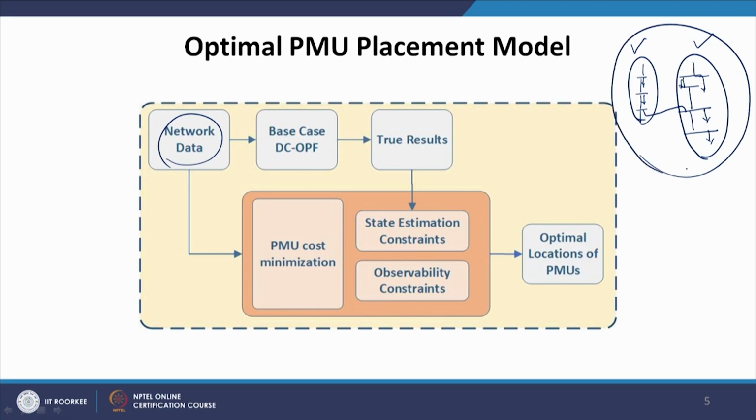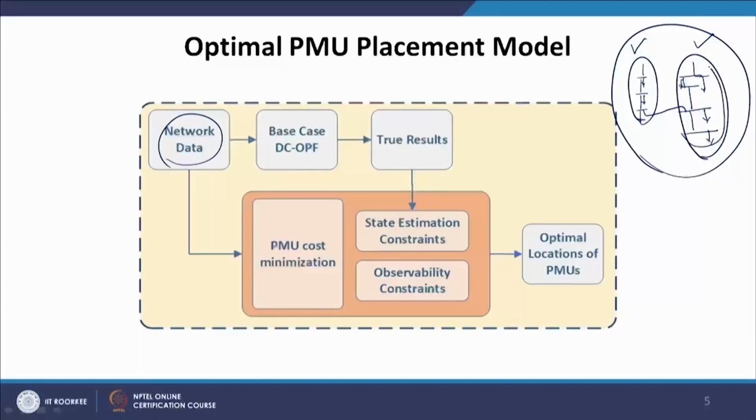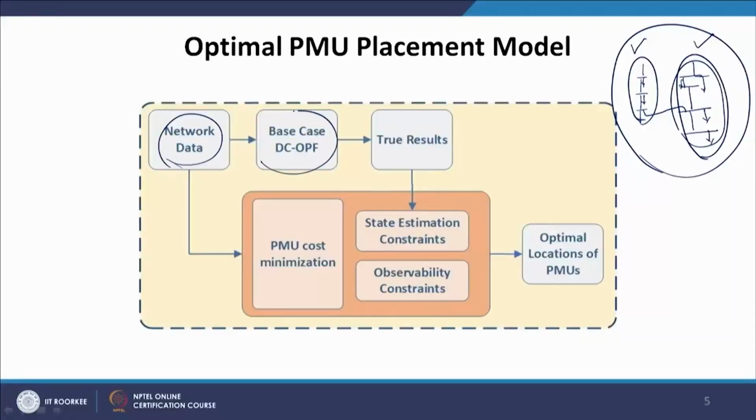So, we need to identify how the networks are connected and the amount of energy flow needed from one system to another, similar to a transmission network as well as within the system. And once you have the complete network data, probably for one microgrid or multiple microgrids, and the base case DCOPF, you can run it and obtain the true results.